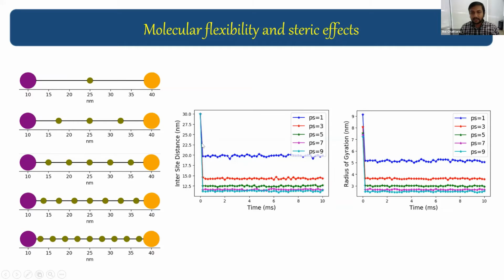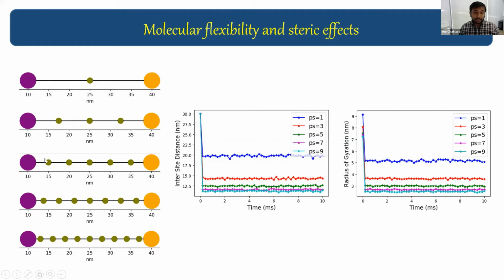On the right hand side, I have the radius of gyration, which essentially computes the compaction of these molecules as a whole. As you can see, as you increase the number of pivot sites, PS, the steady state distance gradually goes down, and the radius of gyration follows the same trend.